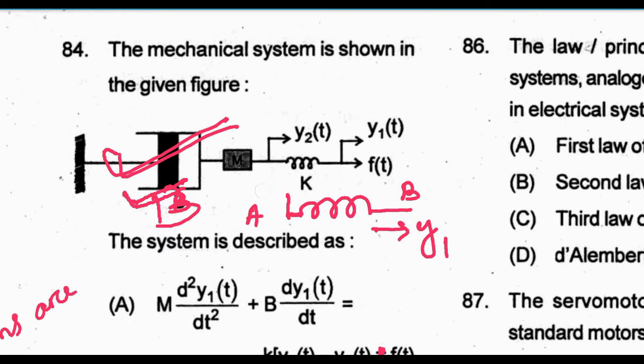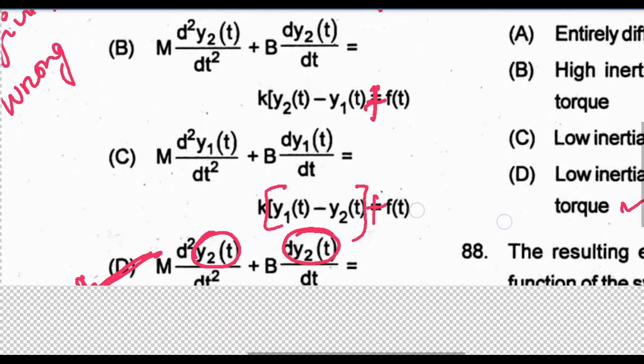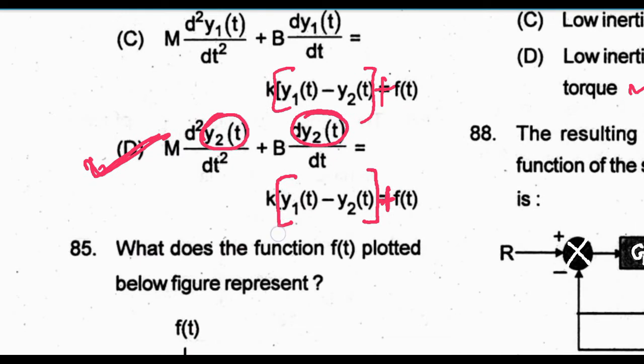But if I put the force like this, y1 at point B, and at point A y2 in the same direction, this force will act as a compression force and this force will act as an expansion force. So the effective force will be y1 minus y2 on k. So k into (y1 minus y2) plus f, where f is the force.